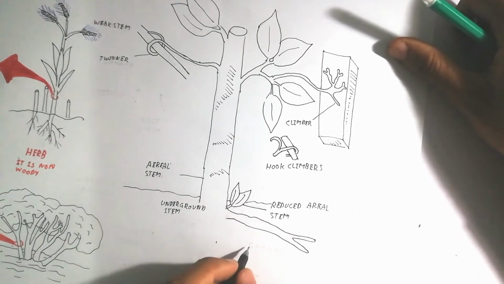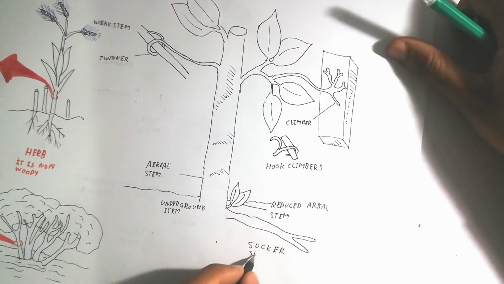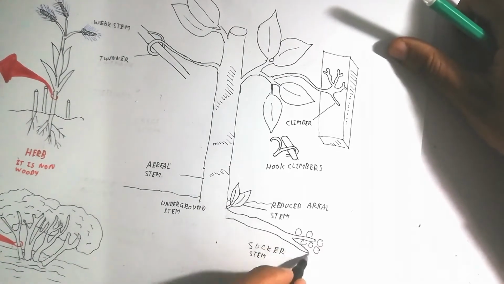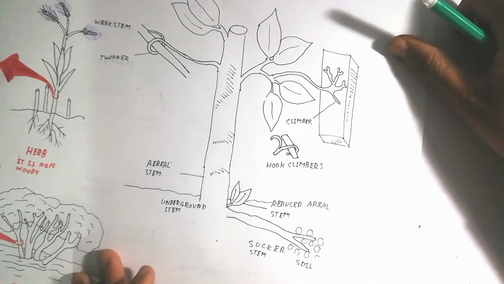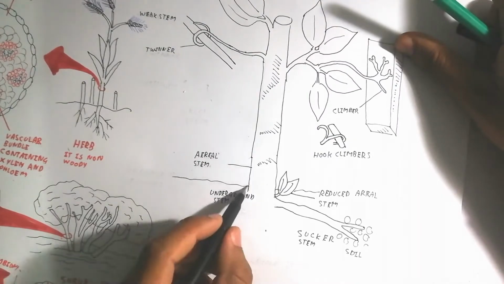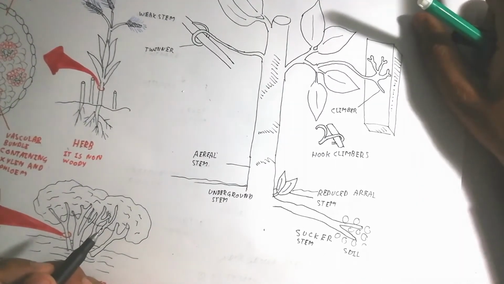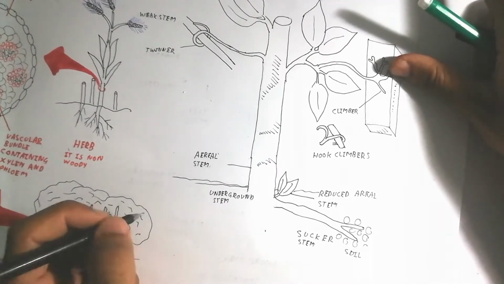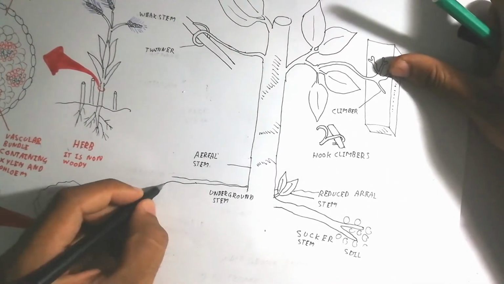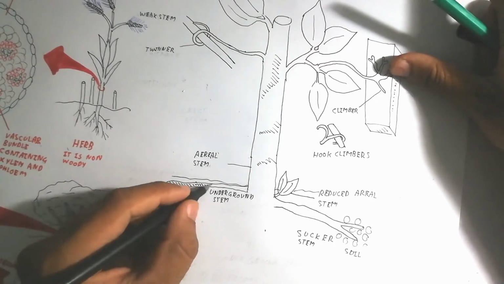So here are the hook climbers, which have a hook-like structure of the stem used for anchoring the plant. Here is the reduced aerial stem, which is aerial but reduced.